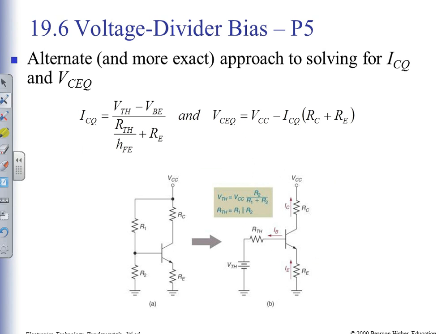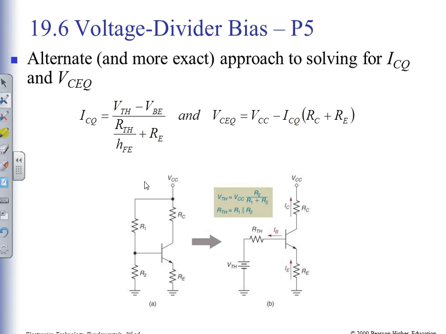Alternative way to approach the solving of my Q point. Now, you know, I really don't want an alternative way. So I take my universal biasing and I change it into a Thevenin circuit, where I'm finding the Thevenin voltage coming in at the base, and I'm finding the Thevenin resistance.